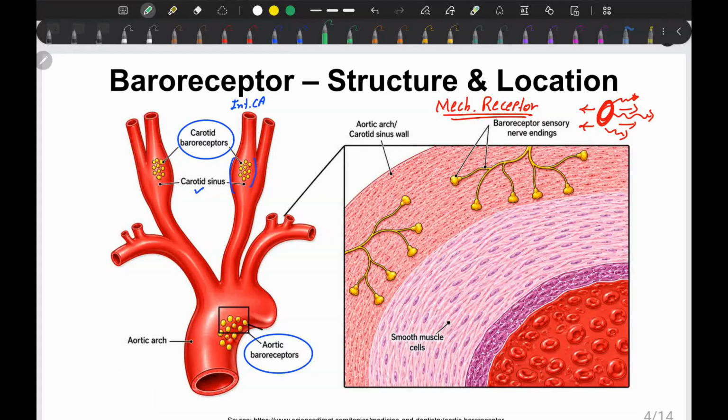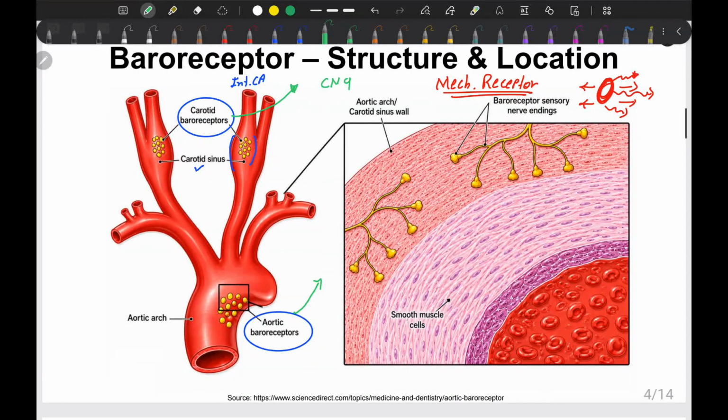Both have afferent supply, meaning the nerve which carries the sensation from the baroreceptor to your brain. The carotid baroreceptor is supplied by cranial nerve 9, whereas the aortic baroreceptor has afferent supply from cranial nerve 10.